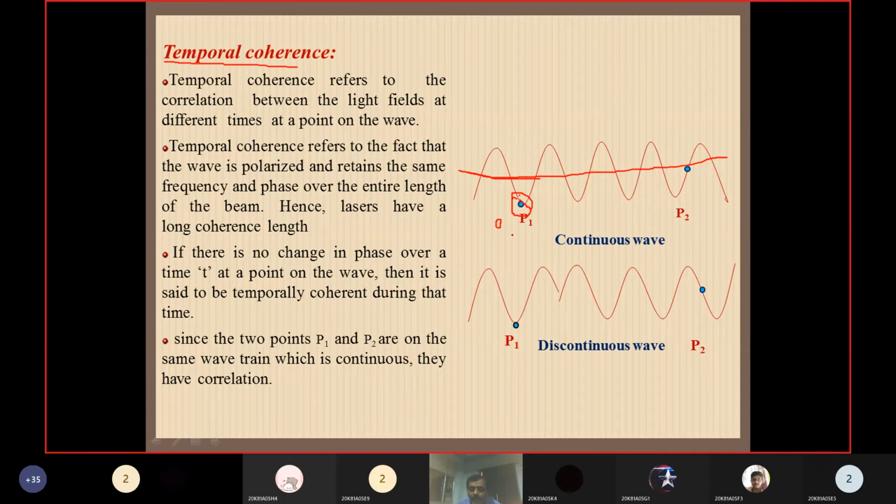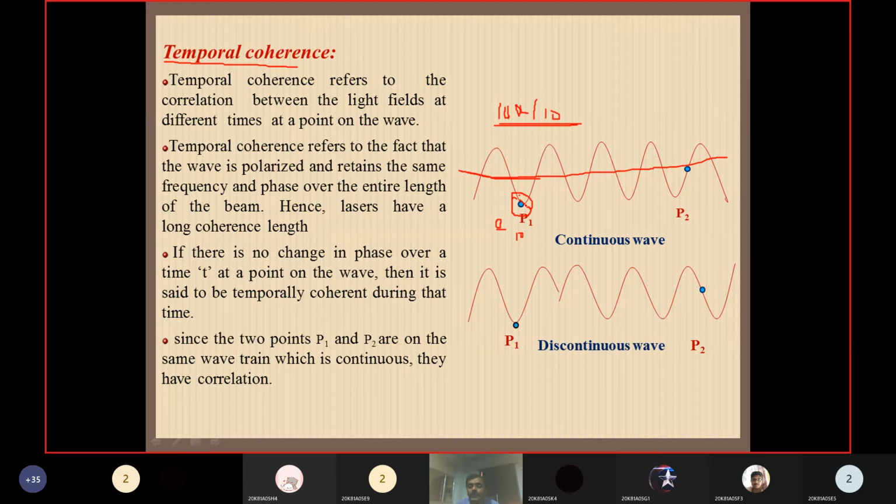After a certain time, after 10 seconds, I will take it now. At 0 seconds, initially, at point p1, it has approximately 10 radians. We can measure phase in either degrees or radians. After 10 seconds, what is the phase? After 10 seconds also the phase is 10 radians, so there is no change of phase.